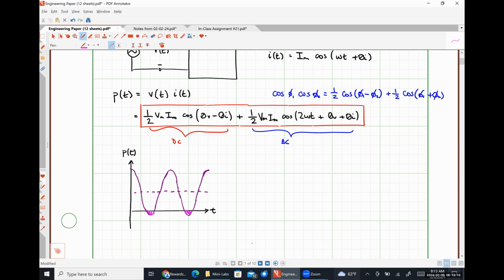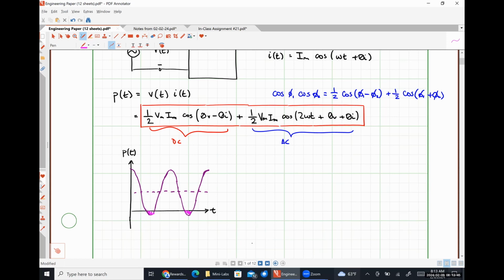Let's take another look at this DC component here. Okay, so we can see graphically here that exactly half of the time our instantaneous power signal is above this dashed line, and exactly half of the time it's below this dashed line. So what does that dashed line then represent? The average, exactly right.